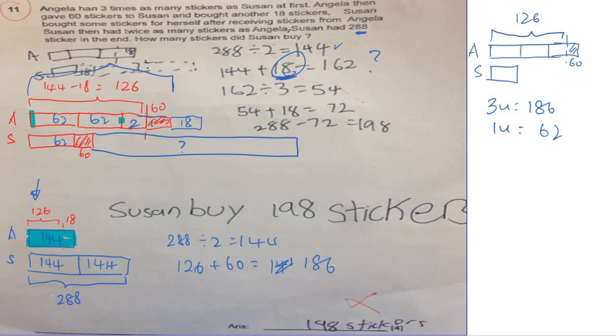It's very easy, because I know at the end it's 288. 288 minus 62 gives me 166, so the value here is 166. This whole bar here is 144, and it consists of the 18 that was added in, and the part that was not added in, which is 126.